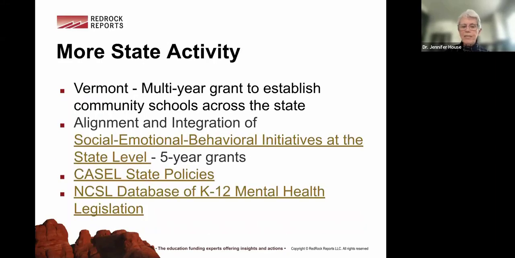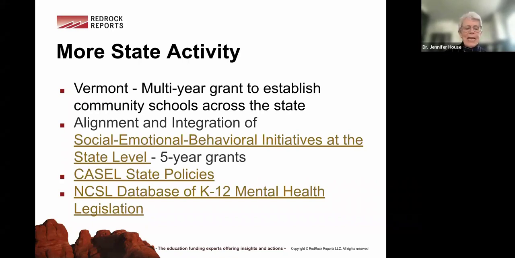Vermont has a multi-year grant to establish community schools across the state. Alignment and integration of social and emotional behaviors initiatives at the state level. These are 5-year grants. Some of them are already in process, and I've given you the hot link to those.